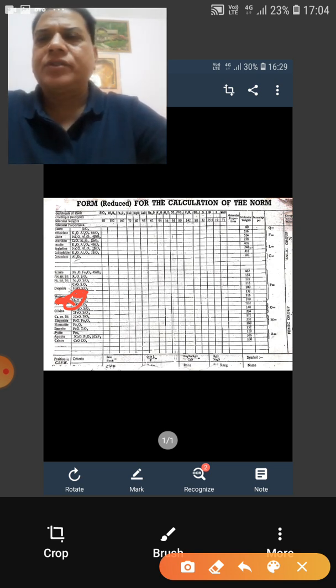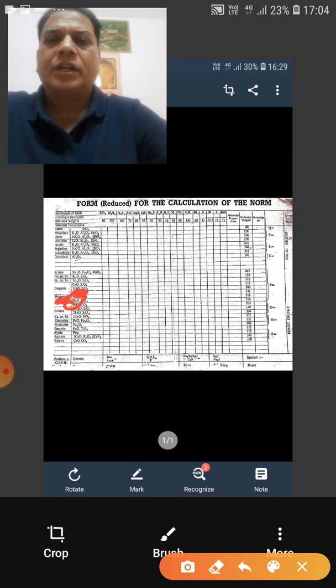Once again I repeat, the number of albite molecules is decided by (S minus 2N) divided by 4. S is the silica left after diopside, N is the total Na2O, and divided by 4, you will come up with the value, say X.